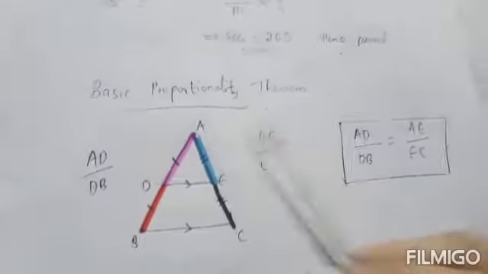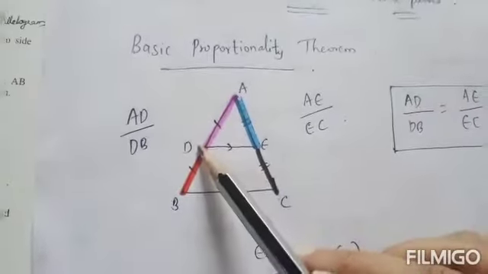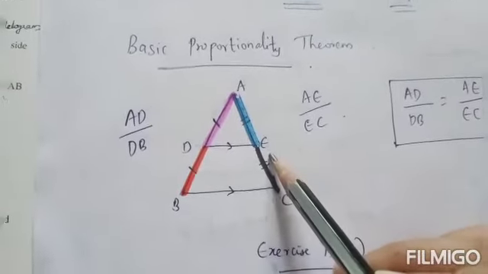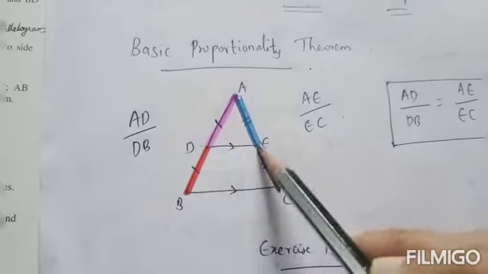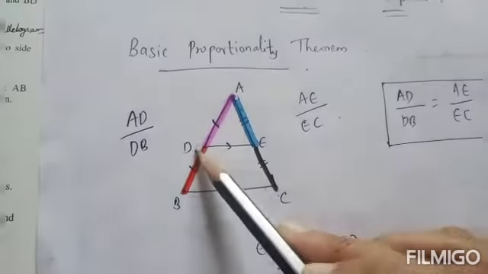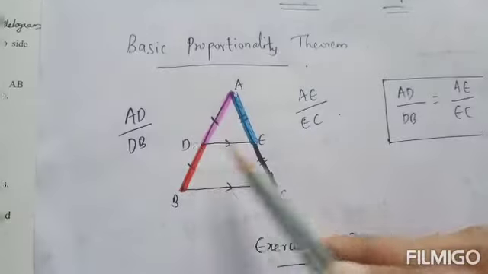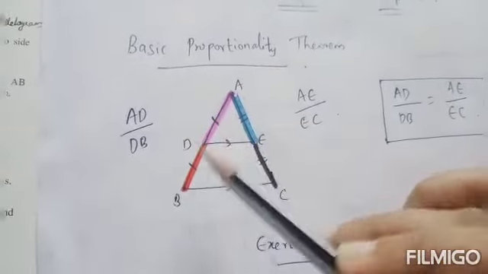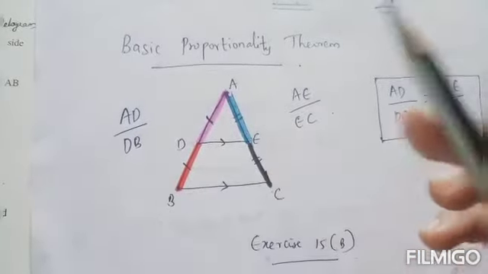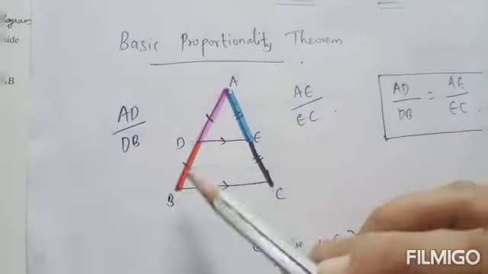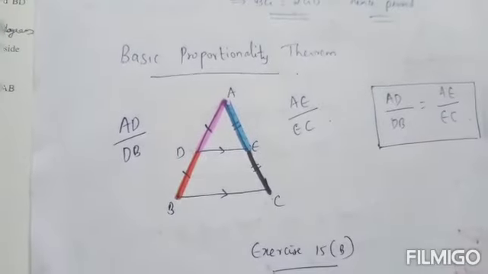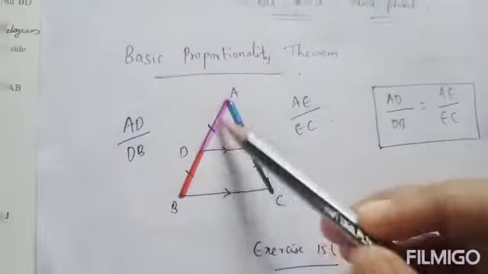Our next topic is the basic proportionality theorem. If we draw a line parallel to one side of a triangle, here DE parallel to BC, this line divides the other two sides in the same ratio, or proportionally.